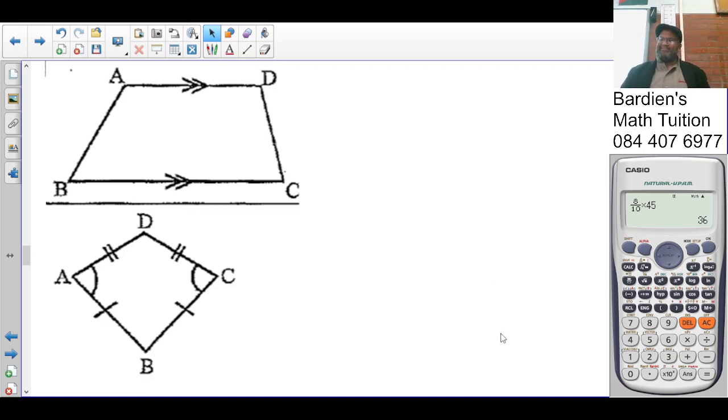At least you'll get 1 mark. That's the only property there. If they ask you for the properties of a trapezium: 1 pair of opposite sides are parallel in a trapezium.